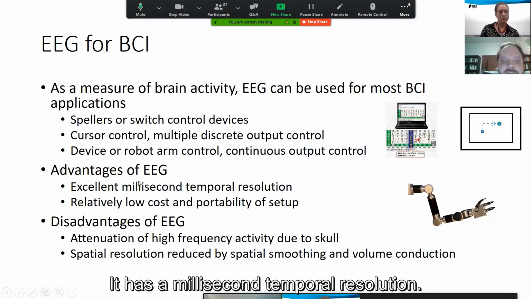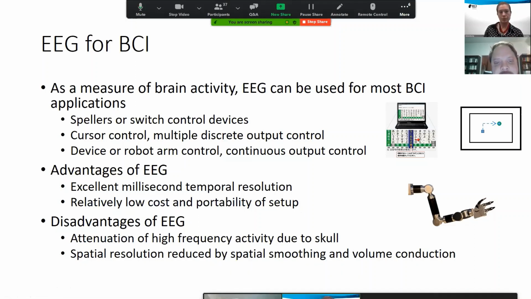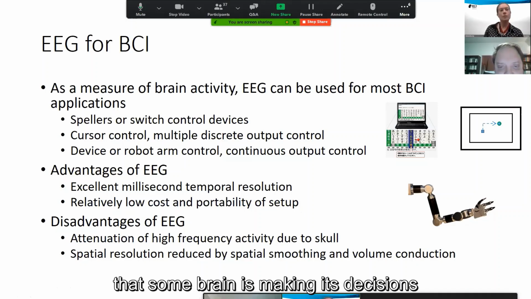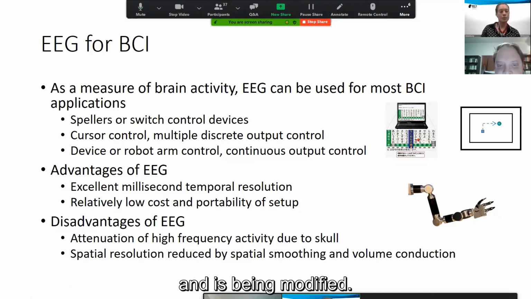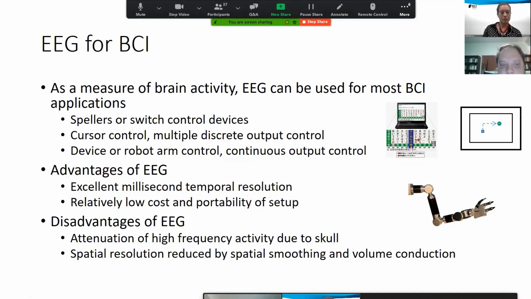It has a millisecond temporal resolution, so it's basically recording things at the timing that the brain is making its decisions, and is being modified. And then it's relatively low cost and portable.